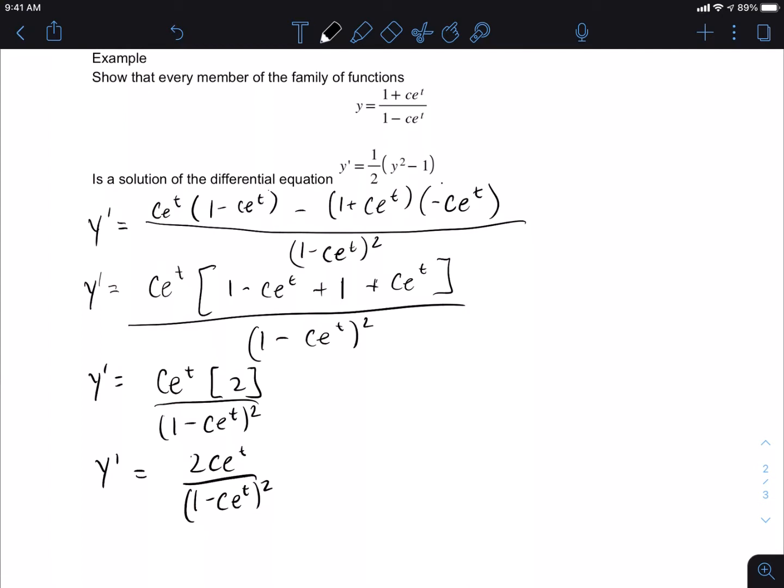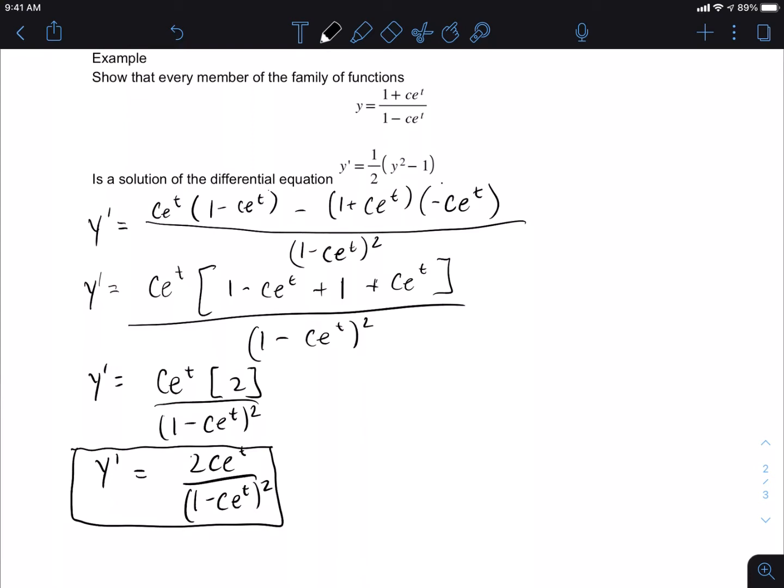Agreed. So we saw that the derivative of this generic function is going to be 2ce^t over (1 minus ce^t) quantity squared.